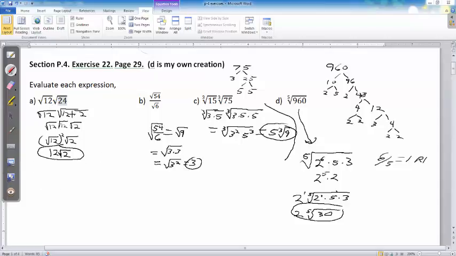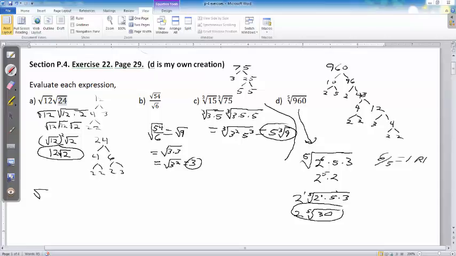If you didn't notice what I did here, and you just broke both numbers down. Well, 12 is 4 times 3, 2 times 2, and 24 is 4 times 6, 2 times 3, 2 times 2.